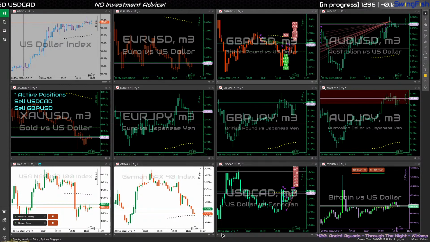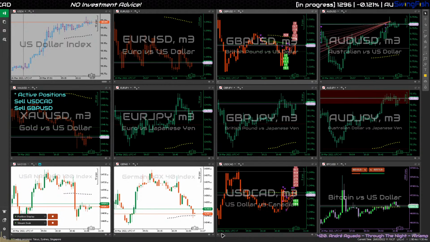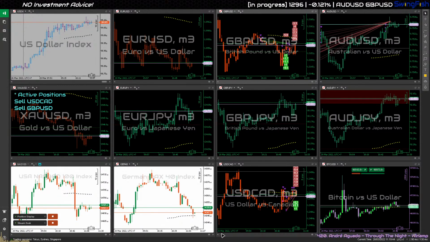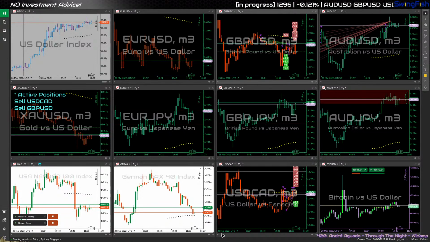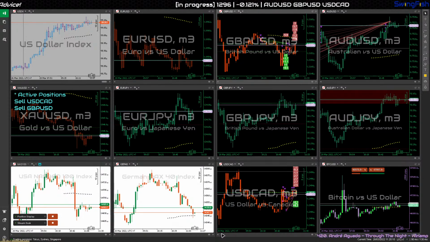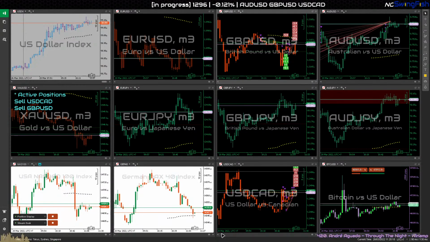Dollar CAD. Mega high, but it sort of went back through the VWAP and now back above. And out. If now it'll go up.